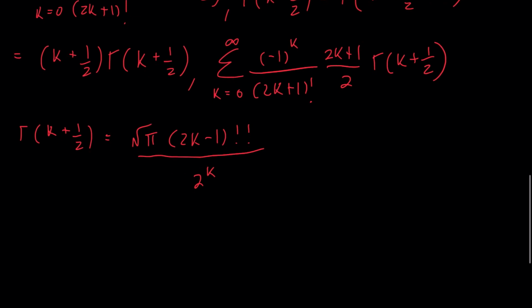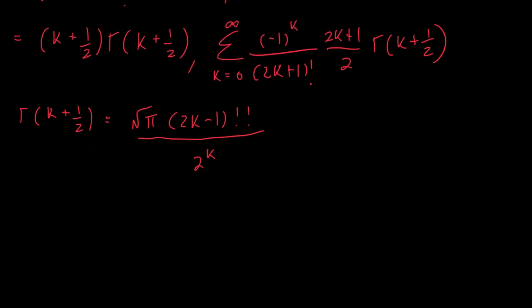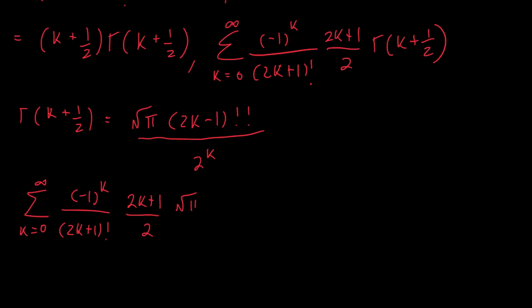So replacing that into the summand, we're going to have the sum from 0 to infinity, negative 1 to the k over 2k plus 1 factorial, 2k plus 1 over 2, square root of pi 2k minus 1 double factorial divided by 2 to the k.